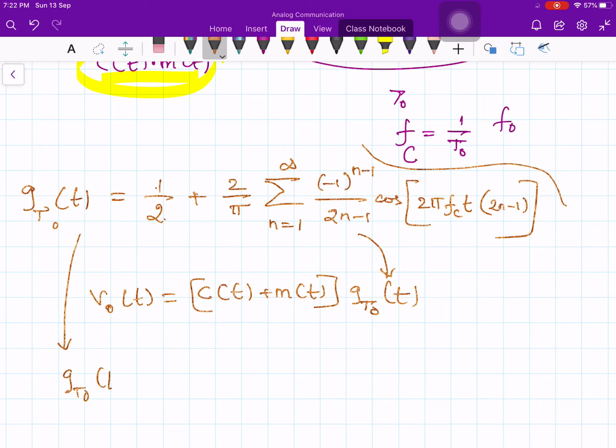g_T naught of t is equal to 1 by 2 plus 2 by pi times the expanded summation. Substitute n equals 1. Then 2 minus 1 is 1, and minus 1 to the power 0 is 1, so in the denominator you get 1, and cos of 2 pi f_c t is my first component.